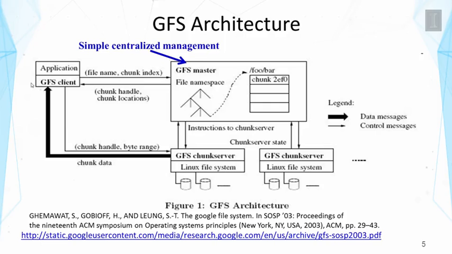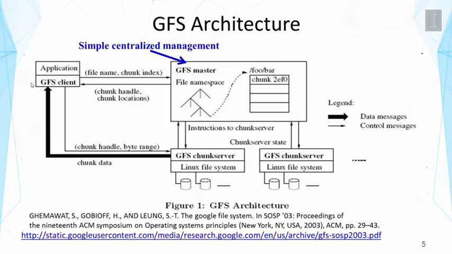And once the GFS client obtained the specific information about the files, then the application client can talk to the specific servers where the data actually sit directly, so that you can avoid involving other nodes in the network.